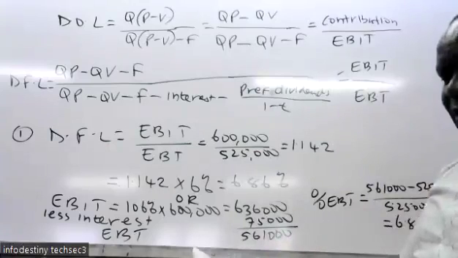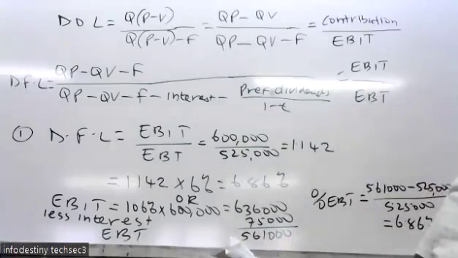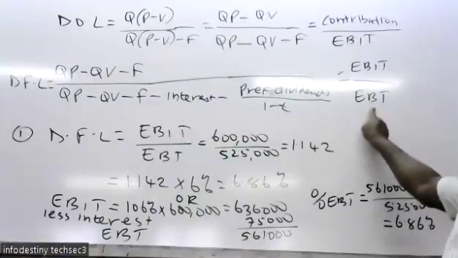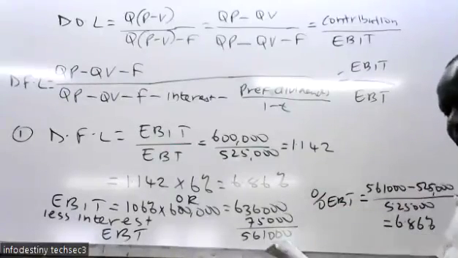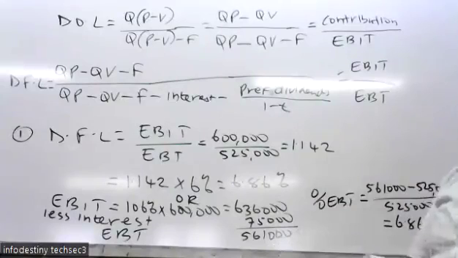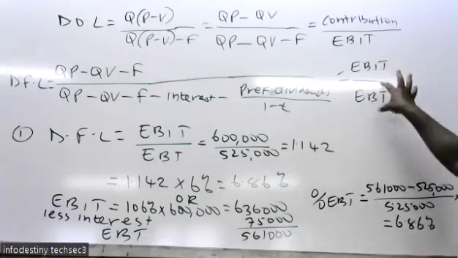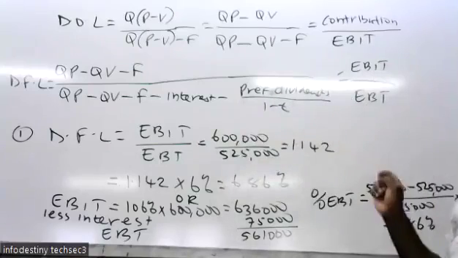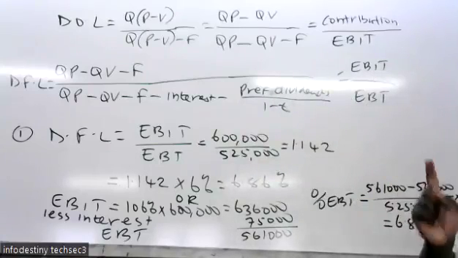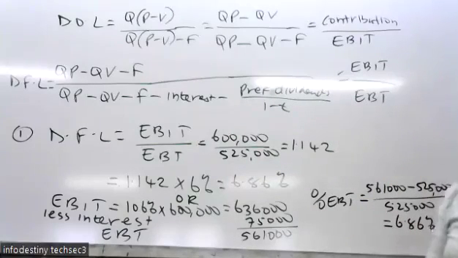When you look at the question, they have asked about the percentage change in taxable income, which is earnings before tax, as a result of an increase in earnings before interest and tax. So this explains why Roman letter 1 picked the degree of financial leverage, but Roman letter 2 picks the degree of operating leverage.